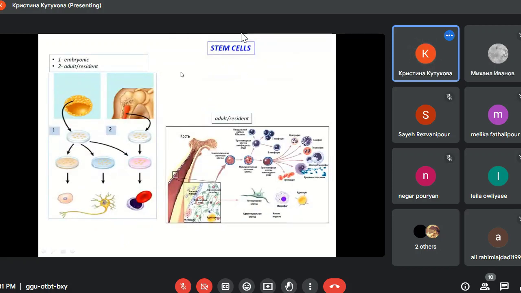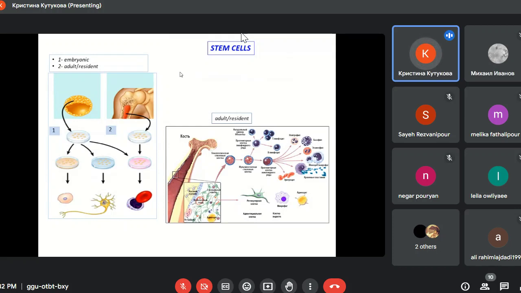But in our adult organism, we also have in some areas stem cells that are pluripotent. Not all the cells of our body are unipotent. Some of them are multipotent, which means that they can develop in different ways.